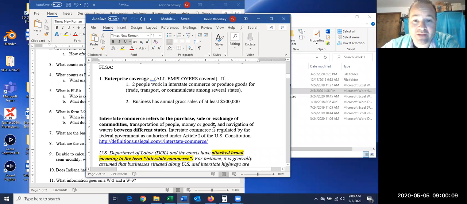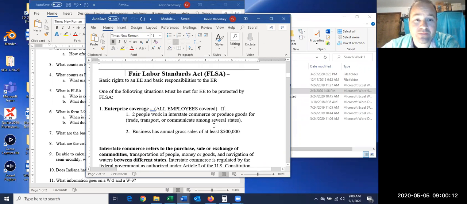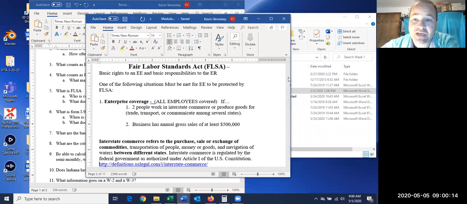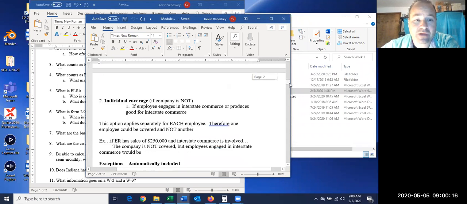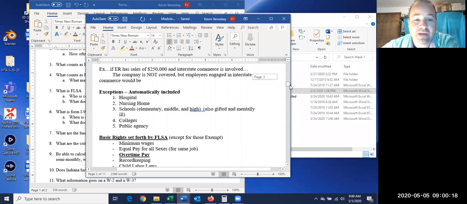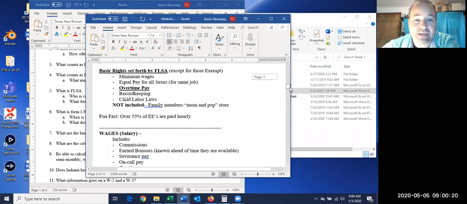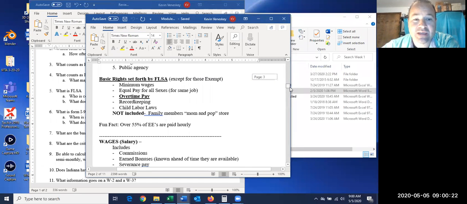So they would meet those 2 criteria. And then we had talked about would they get overtime. And the answer was yes, because of the rights set forth by the Fair Labor Standards Act.